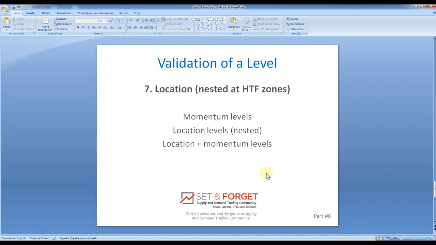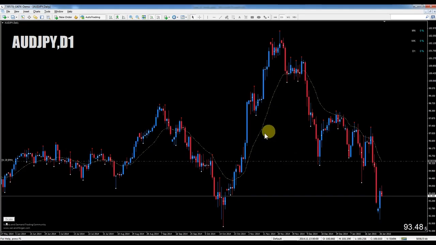How can we say it is well located if we don't know where it is located? Being located in the middle of nowhere is not a good location. It is not a location by itself. It is just out of nowhere. I wouldn't be able to pinpoint the exact coordinates where that level is. I need a location, and that means I need a higher time frame.